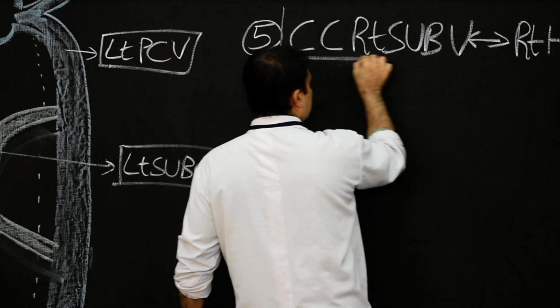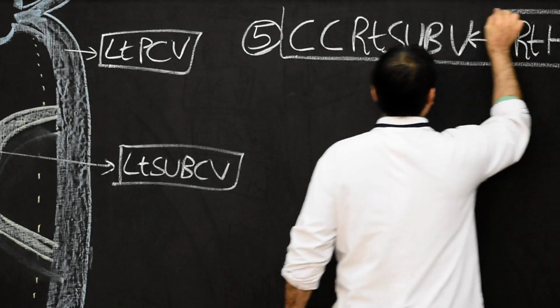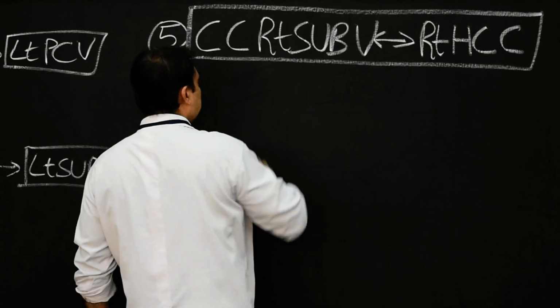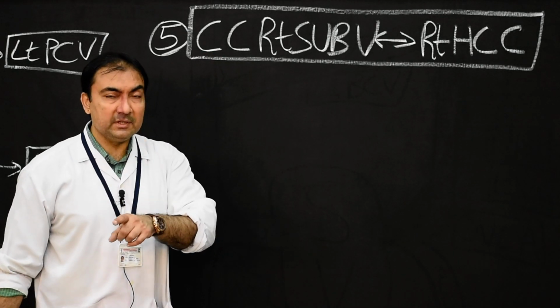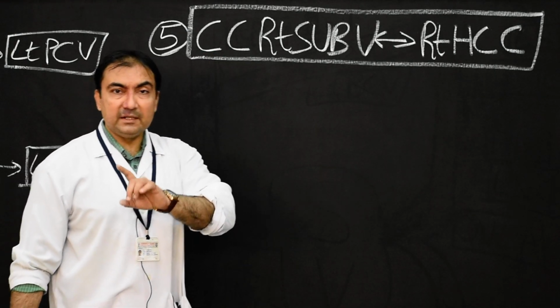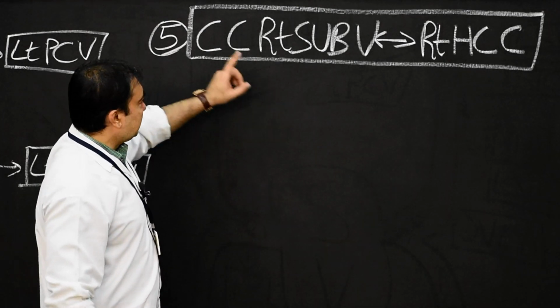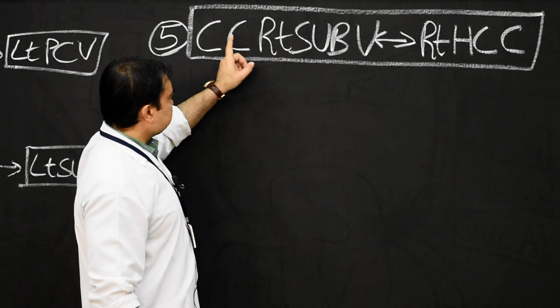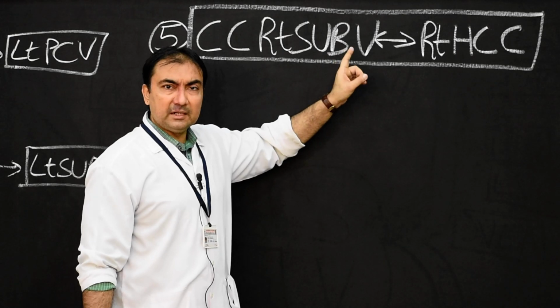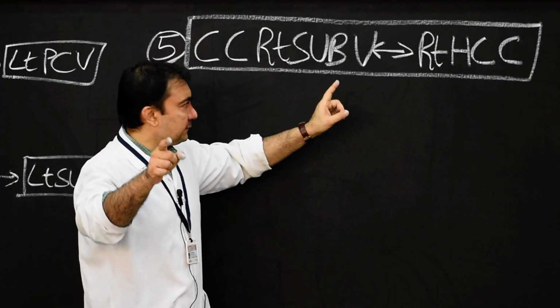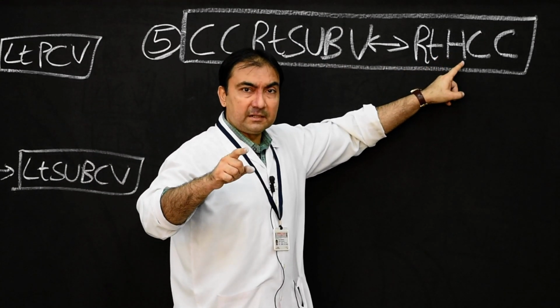This is the description for segment number 5. It is a new segment which has developed, and there is no independent name. It is the new segment connecting the right subcardinal vein with the right hepatocardiac channel.